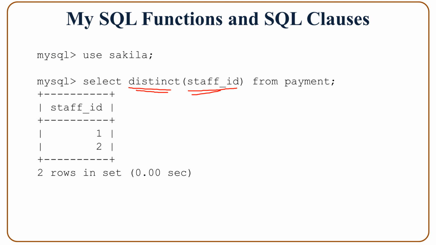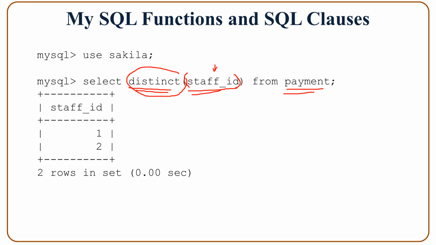So if you want to see just a list of distinct values of staff ID, then you use the distinct function in front of staff ID. Then this would give you just two staff IDs. So it means that there are only two staff who handle all the payments.